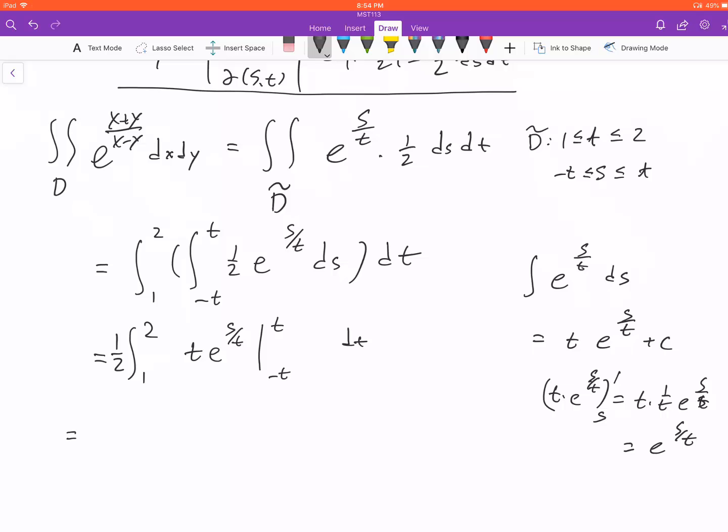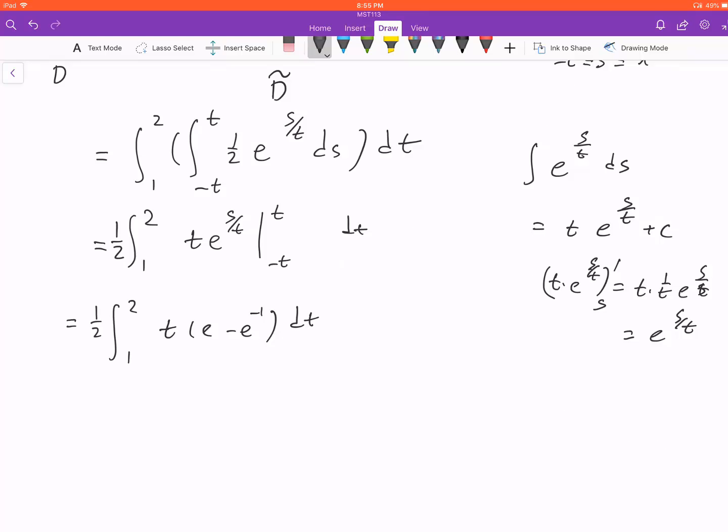You will see that this integrand now becomes relatively easy. When s is equal to t, it's t times e, and when it's negative t, we have e to the negative 1. Then dt.